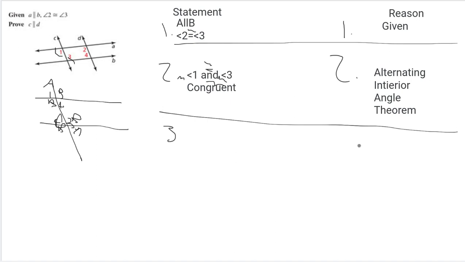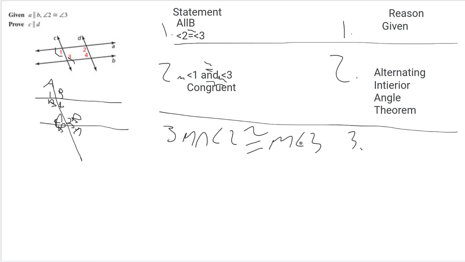Next, I can say that the measure of angle 2 is congruent to the measure of angle 3, and that's because of our above statement. 2 and 3 are the same.